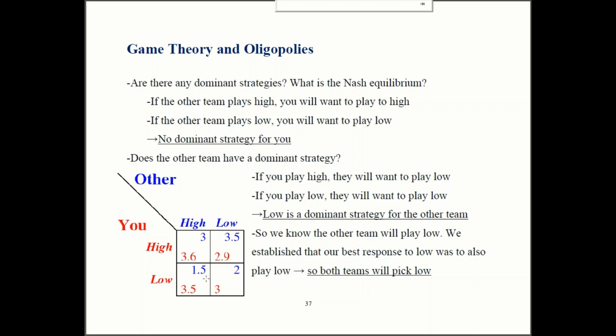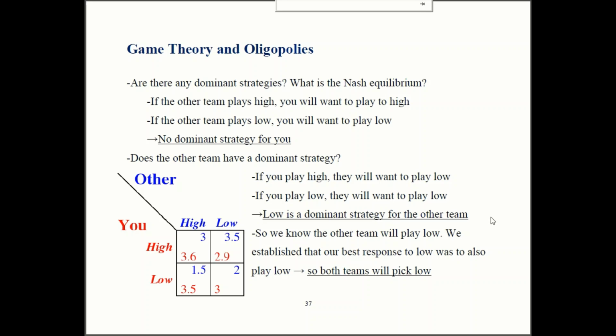If they play low instead, now you're both playing low, their profits would rise to 2 million. They want to play low because that gives them the bigger profits. So what we've established is that if they think you're going to play low, they want to play low. If they think you're going to play high, they also want to play low. So no matter what they think you're going to do, they're definitely going to play low. So that means low is going to be a dominant strategy for the other team.